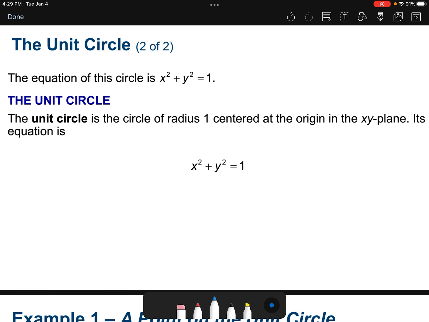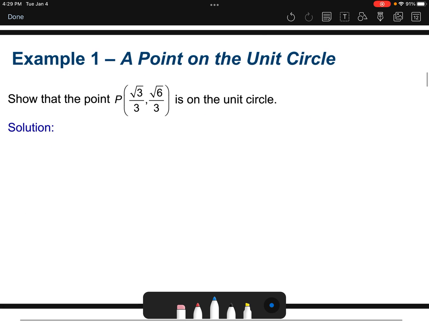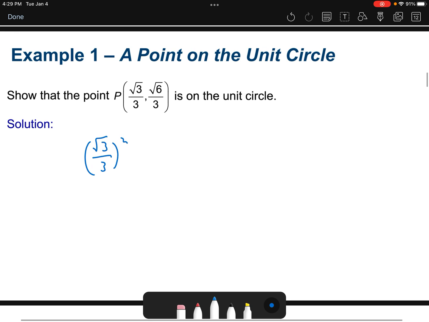Well, the equation x squared plus y squared equals 1 can lend us a lot of ways to find different x's and y's. For instance, we want to show the point radical 3 over 3, radical 6 over 3 is a point on the circle. Well, to do that, all we would have to do is put it in the formula.